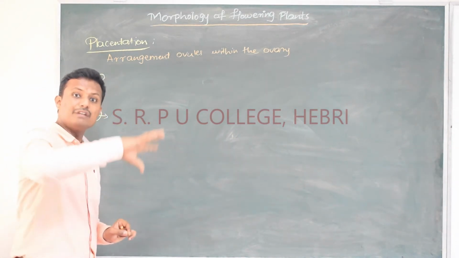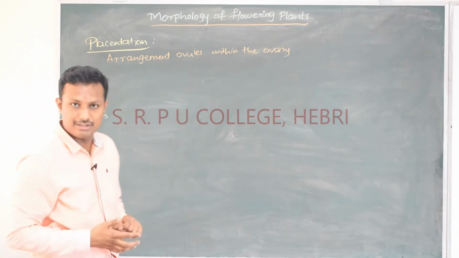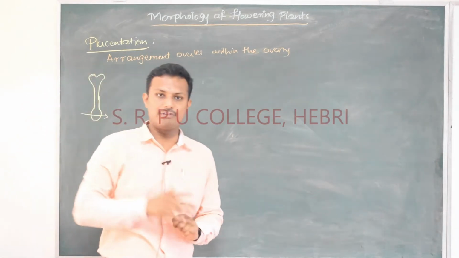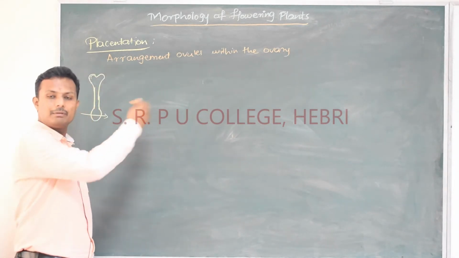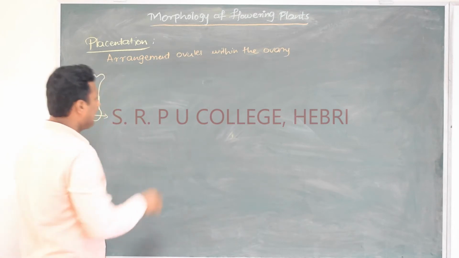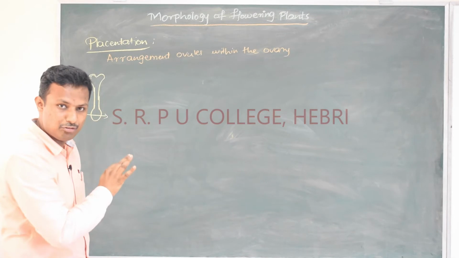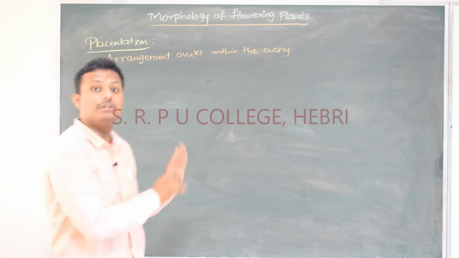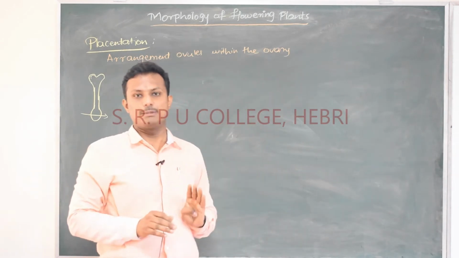You will see different patterns of arrangement of ovules, or different types of placentation, in different species. They have been given different names by looking at the structure. You need to know how to draw the different types, explain them, and remember the examples.